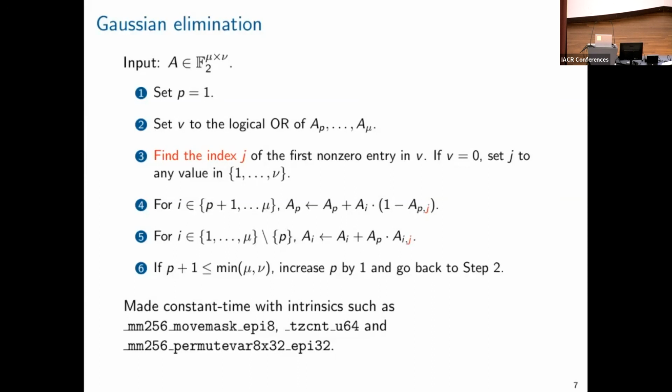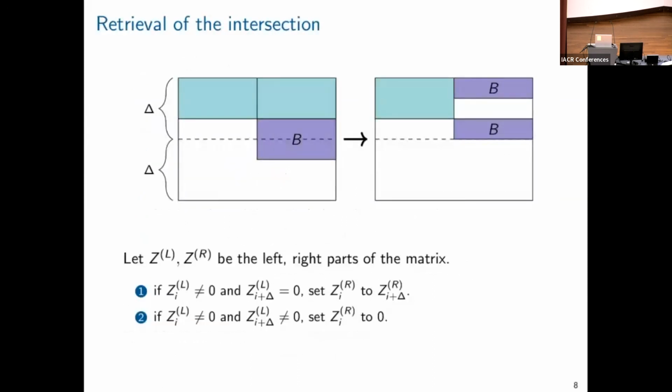So after the Gaussian elimination, we still have to somehow retrieve the intersection. Here we consider the matrix as two parts, ZL and ZR, and we also divide the matrix into the upper part and the lower part, each having delta rows. Then we run a loop for i from 1 to delta.